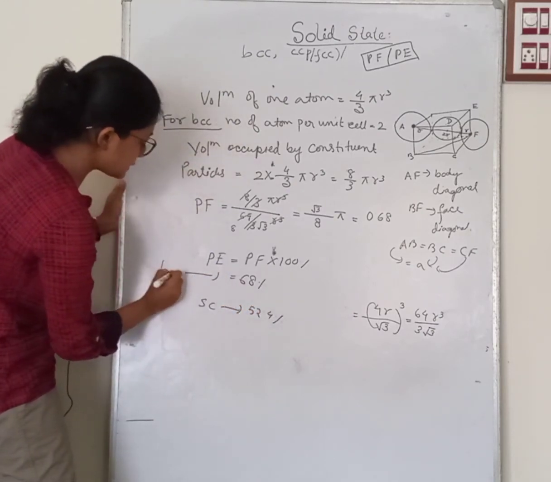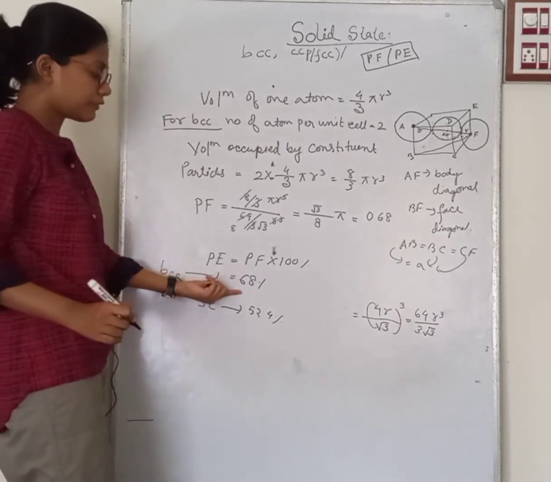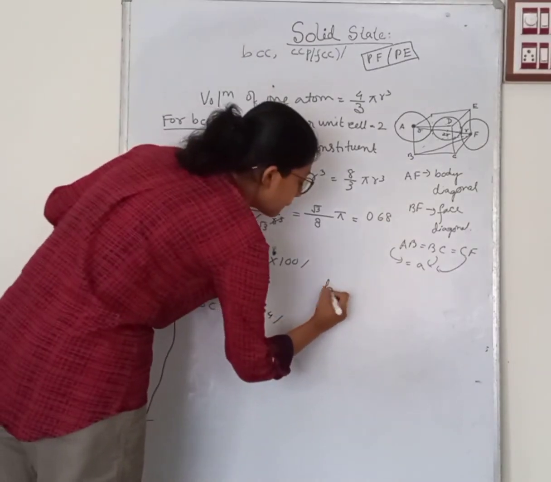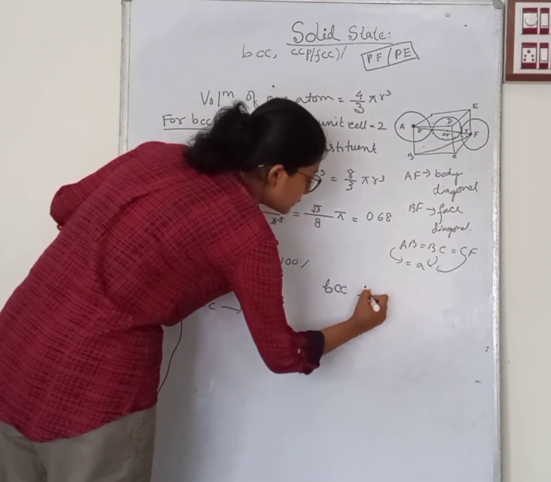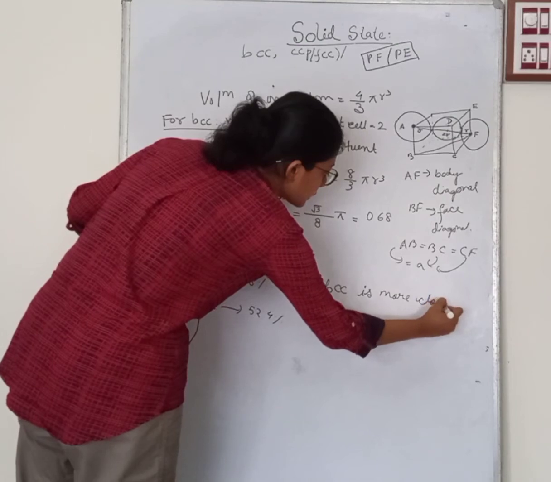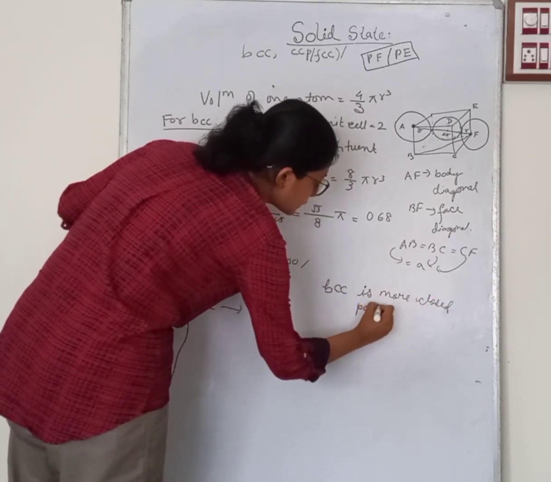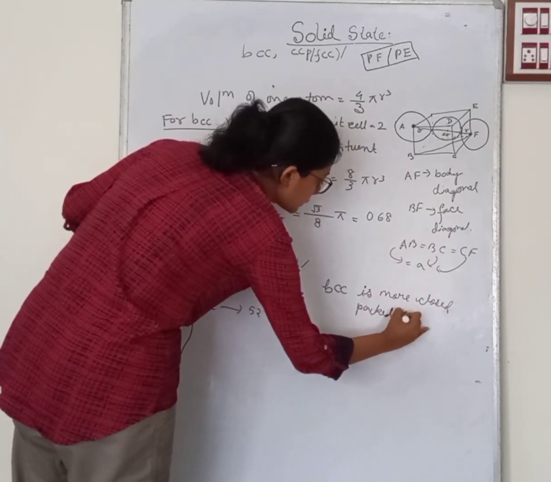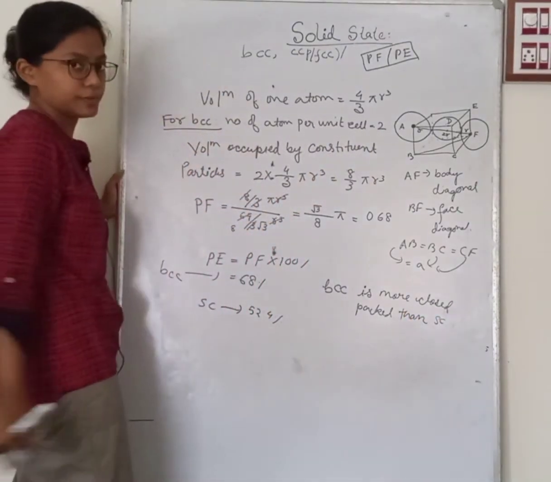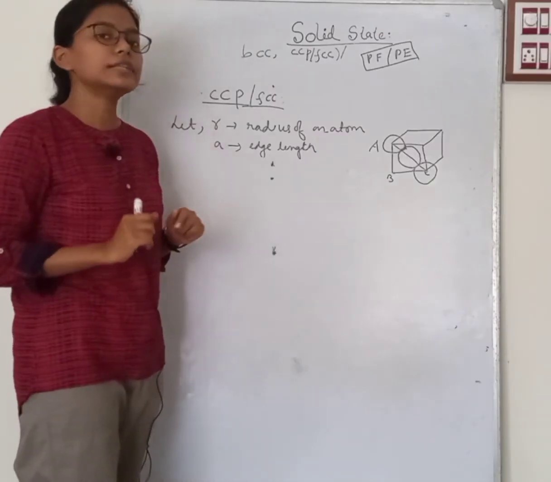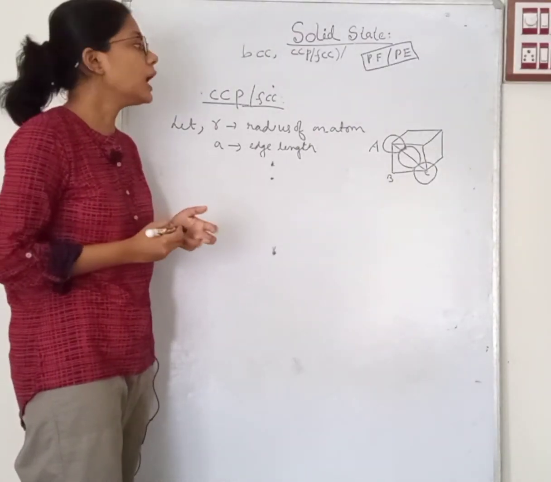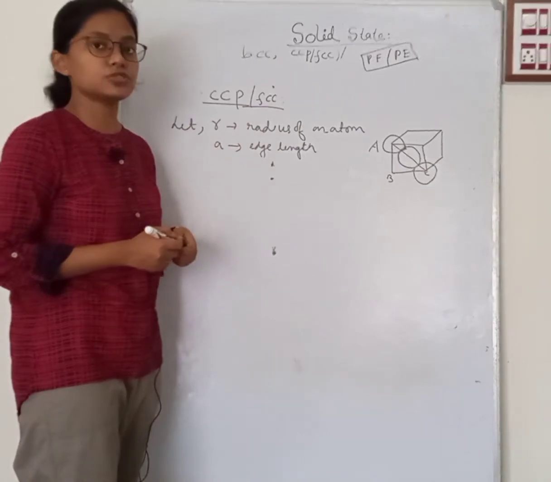Now for BCC we have found out that this is 68%. So BCC is more closely packed than simple cubic. Now we will find out the packing efficiency or packing fraction for CCP or FCC structure.